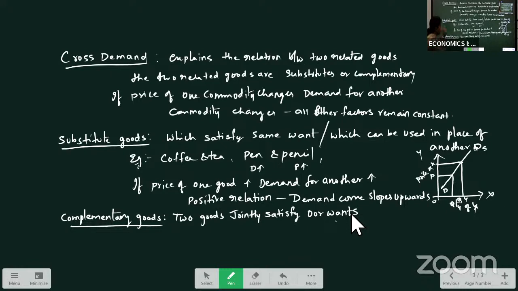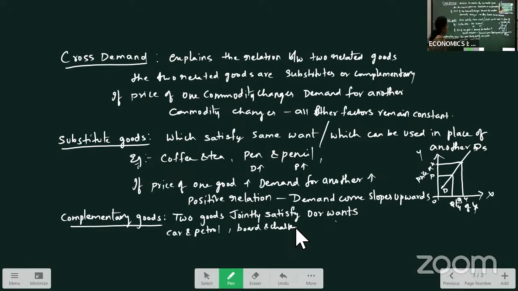For example, if you have a car and petrol. Without petrol, a car is of no use. Without a car, we don't use petrol, right? Or we can take another example, like your writing book and pen. If the pen is not there, what will you write on your book? If the book is not there with the pen, what will you do? Or we can take the example of blackboard and chalk. So these are dependent goods.